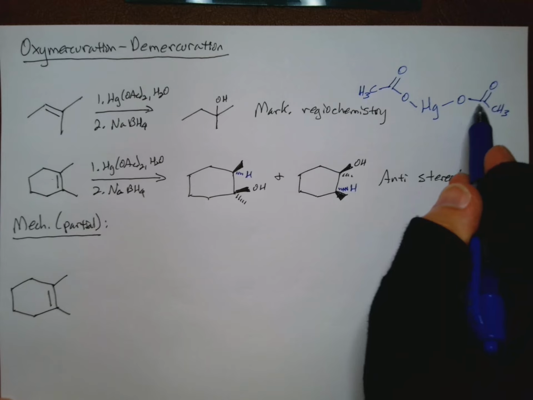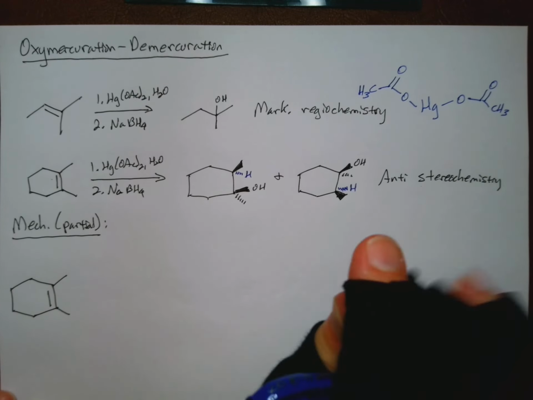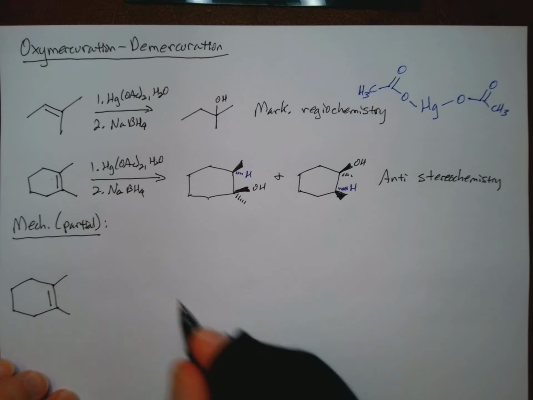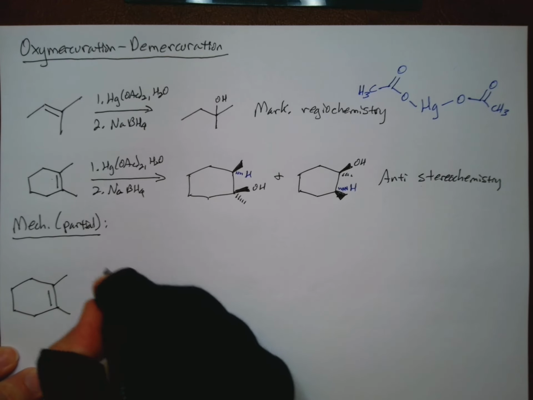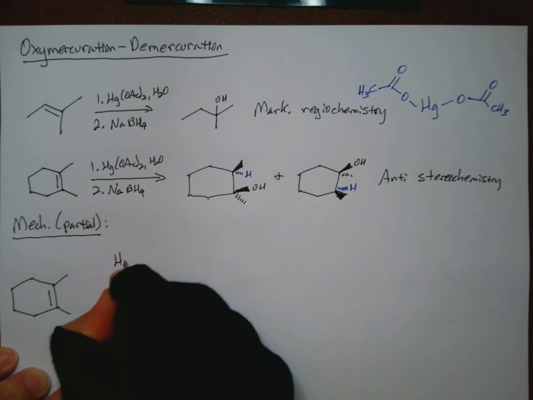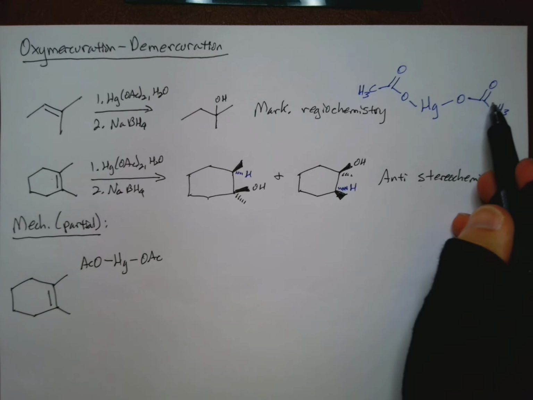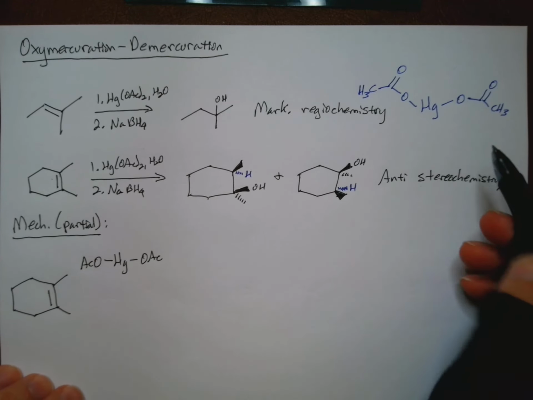And this tends to actually form a covalent type bond. And so when I have my HgOAc2, I'm just going to write it as Hg(OAc)(OAc). So the Ac refers to the acetyl here, the CH3C=O.